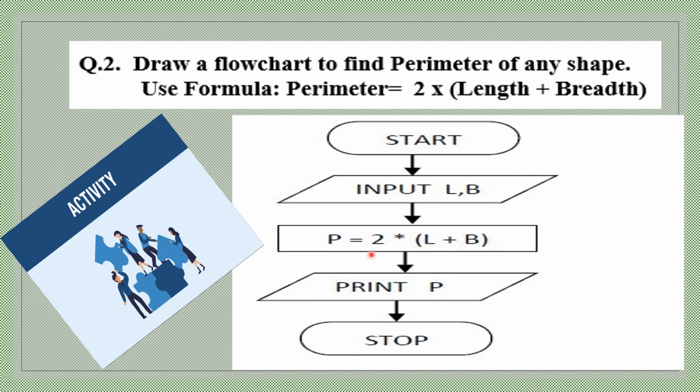P equals 2 multiplied by length plus breadth, and this length and breadth is what we have given as input. It will use these length and breadth and it will calculate the perimeter. After calculating, it will print the perimeter, that is our output. And then we have again our terminal line and it is ending at stop, and again look at the shape, it is like an oval shape.